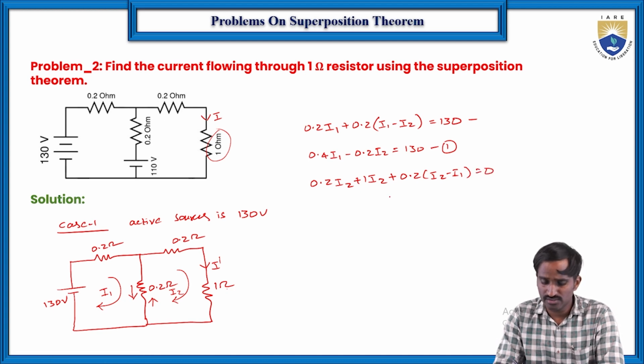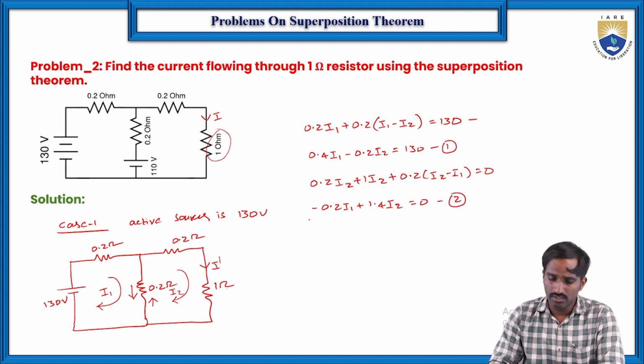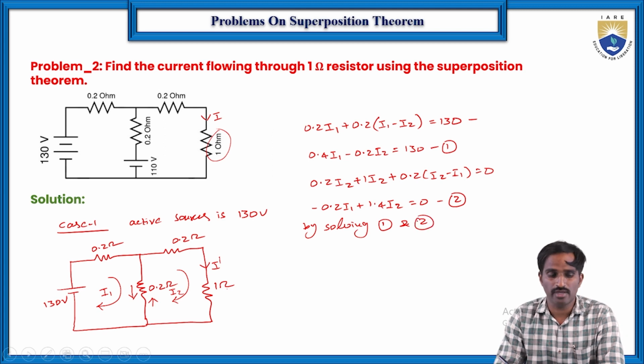Then if you simplify this, of course only 0.2 and 0.2, 0.4, so 1.4 I2 minus 0.2 I1 equal to 0. Let us consider this is equation number 2. Then by solving equation number 1 and 2, we can get the value of I1 and I2.